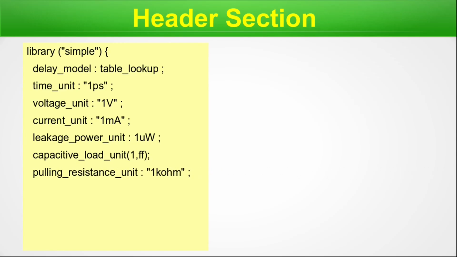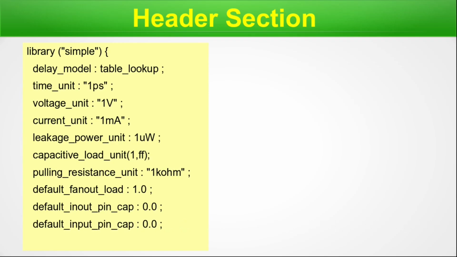Pulling resistance unit: 1 kilo ohm. Default fanout load: 1.0. Default inout pin capacitance: 0.0. Default input pin capacitance: 0.0. Default output pin capacitance: 0.0.